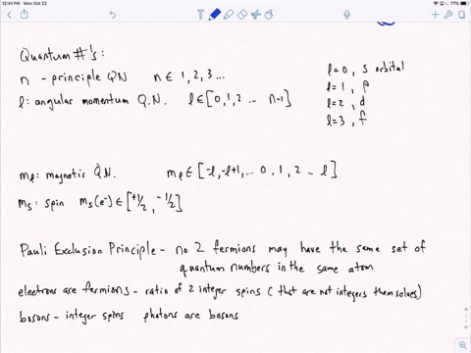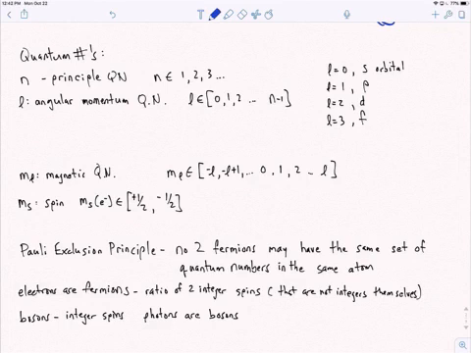And also for the s orbitals, L equals 0, why are there 2? Because m sub L, if L is 0, m sub L has to be 0. There's only one orbital. Spin plus 1/2 or minus 1/2, that's why there's 2.